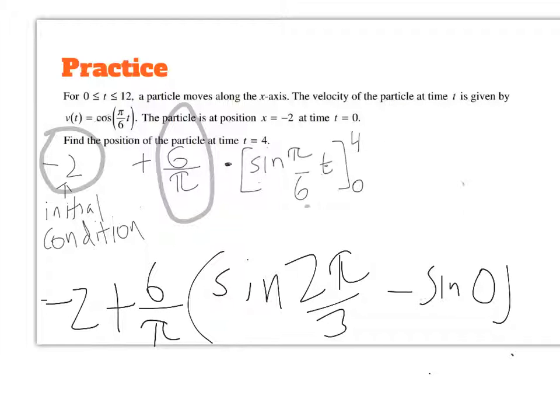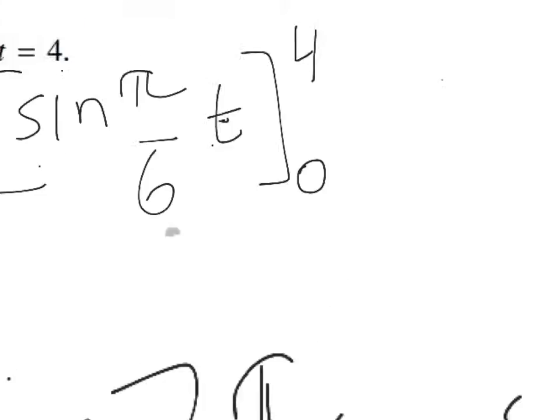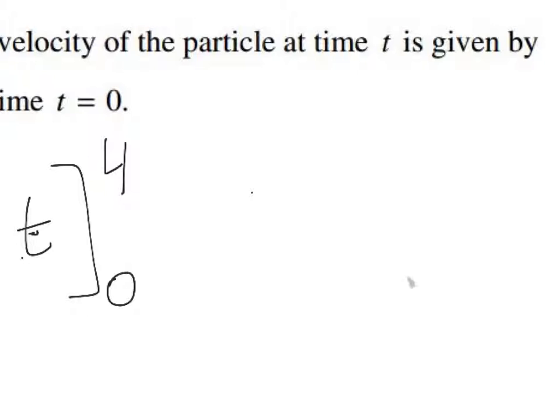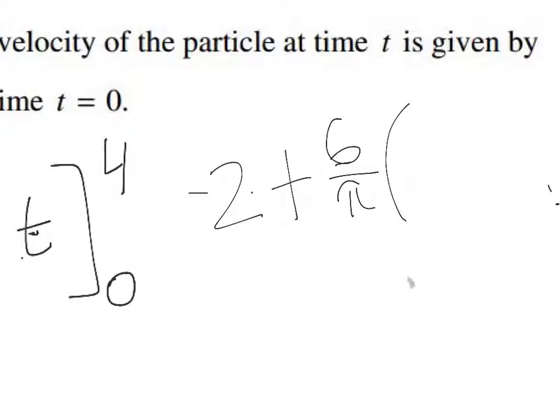So you get, let me zoom in a little bit here, -2 plus 6 over pi times root 3 over 2 minus, let's see, so sine of 0 is just 0, so minus 0, so I guess we'll just put a parentheses there.